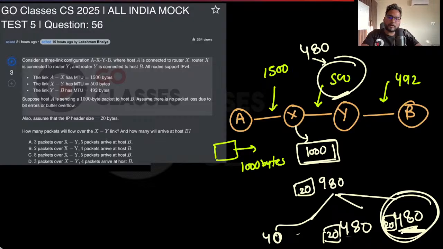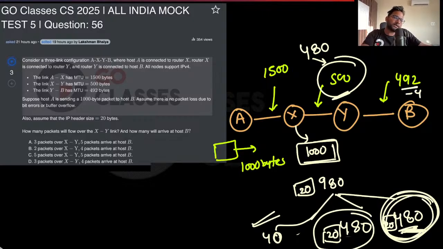Now let's continue with this question. Currently there are 3 packets. Suppose you want to deliver it to B, then what will happen? This 40 packet will anyway get passed, but these are 500, and this link is just 492, and 492 minus 20 is just 472. It can only carry 472.